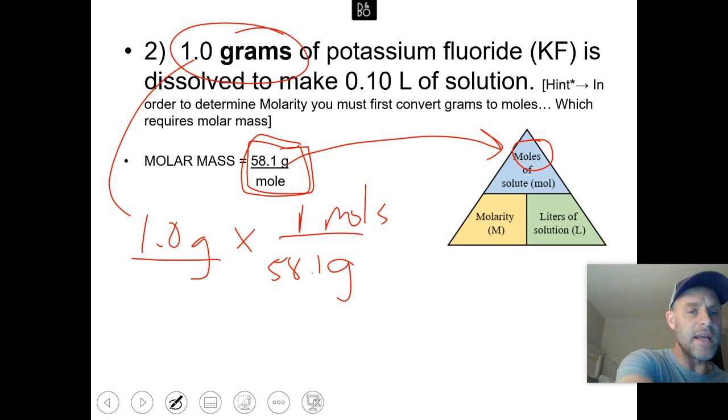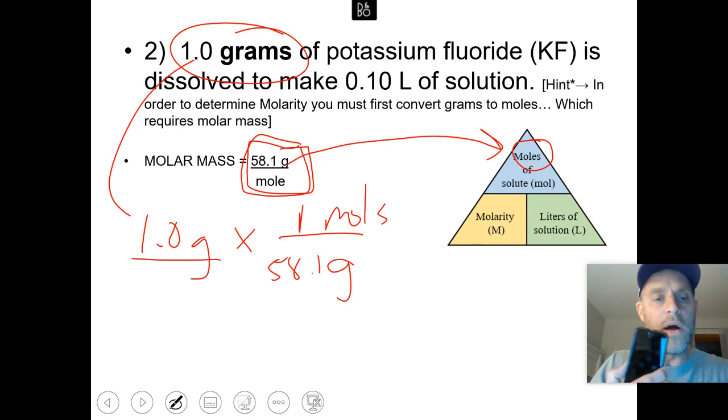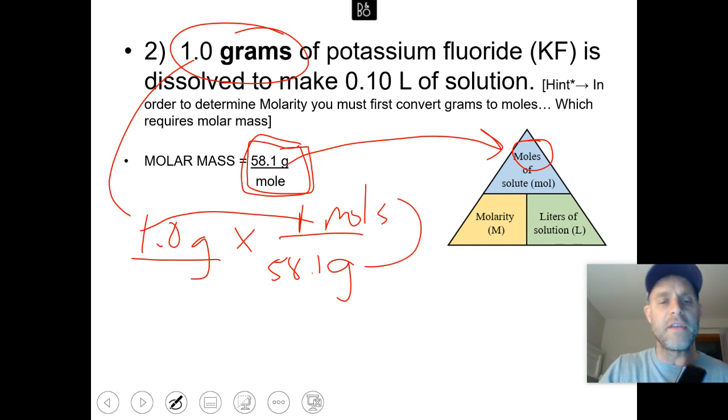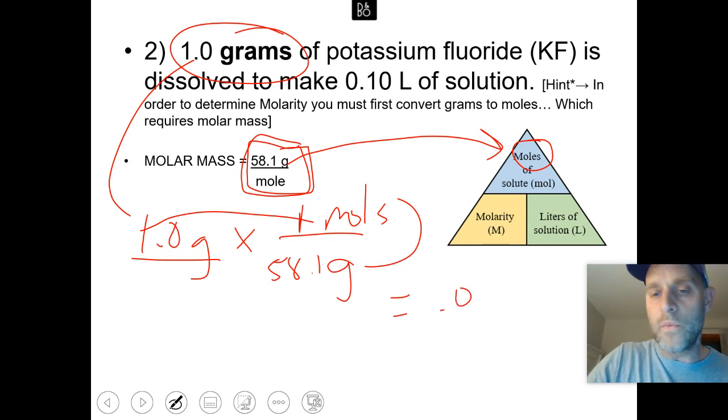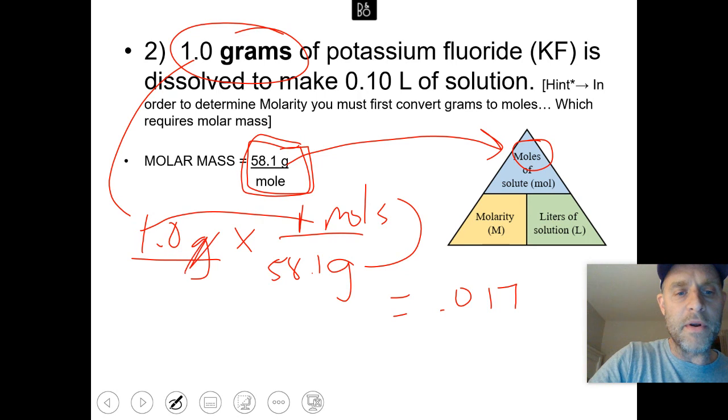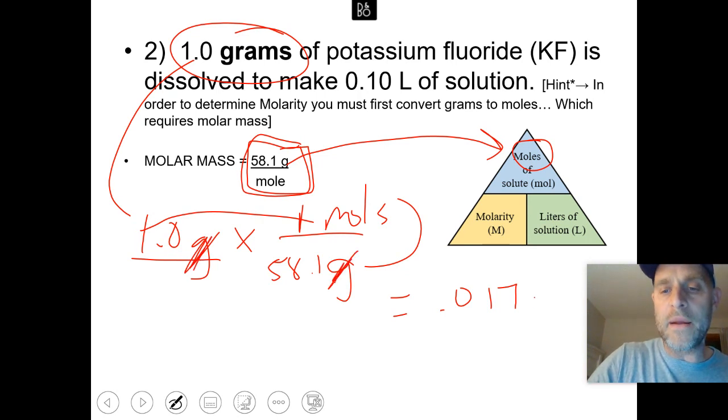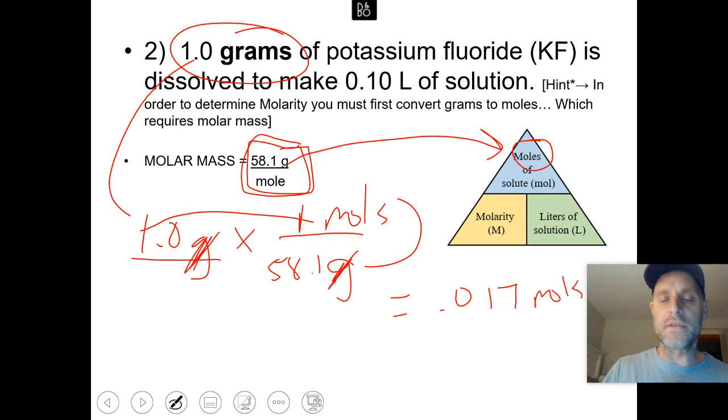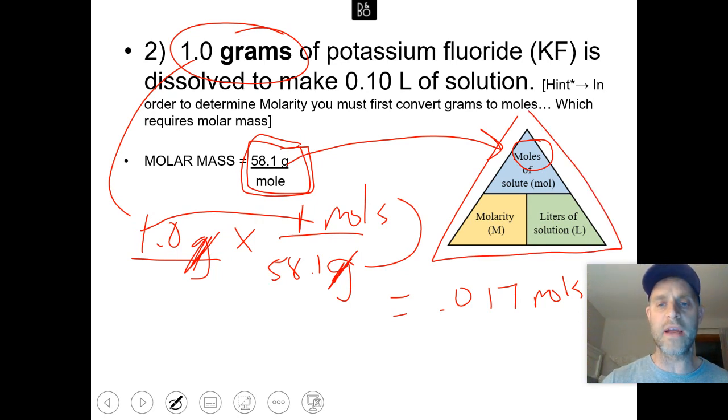Okay, then I take out my calculator. I go 1 times 1, divided by 58.1. I got 0.017. Now remember, grams on top, grams on bottom. All that's left is moles. I got 0.017. Now I go back to my molarity triangle. I want to solve for molarity, right?